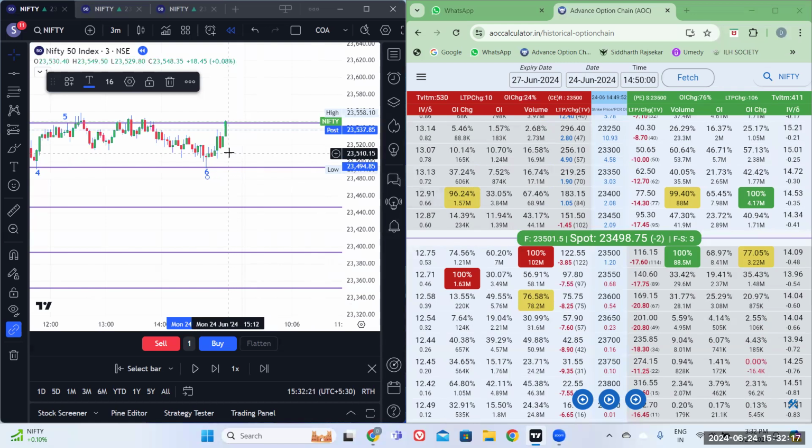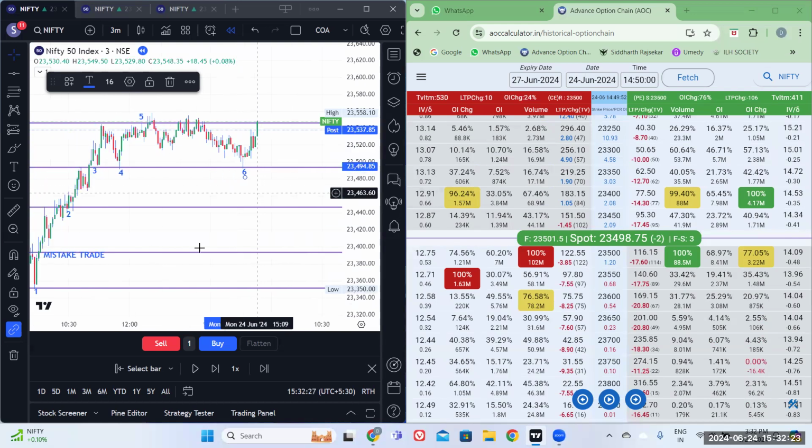Now the target was done at about 309. So 6 trades, and on average, if you take 30 points each trade, 30 into 6, 180 points to 200 points. If you perfectly take the target, that was a pretty easy day. With 180 points, I'm going with a negative of 15 points.